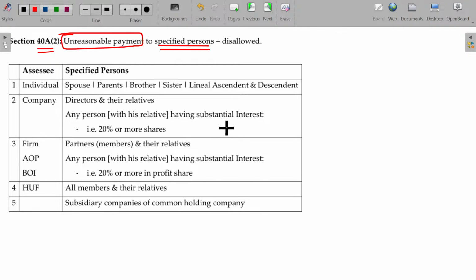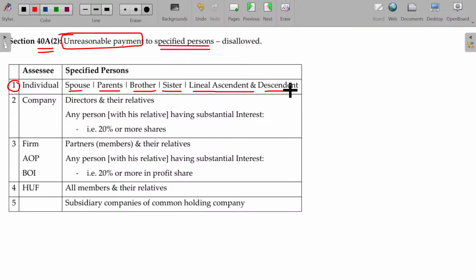Who is called a specified person? So relatives in case of an individual. In case of a company and partnership firm, how will this be happening? Let's see here. In case of an individual: spouse, parents, brothers, sisters, lineal ascendant and descendant. Father, grandfather, and son, grandson, all will come under lineal ascendant and descendant.